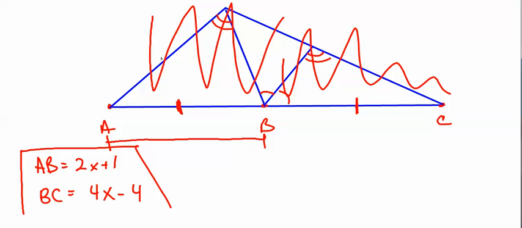With that being said, y'all remember what vertical angles look like? If I number this 1, 2, 3, and 4, give me a pair of vertical angles. 2 and 4, good.